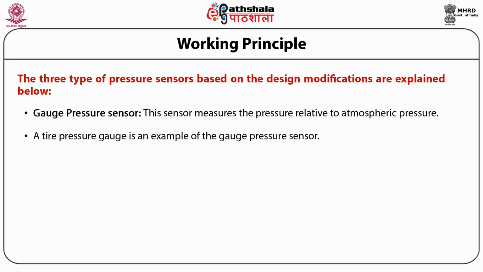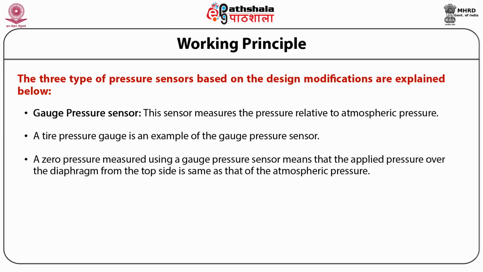A tire pressure gauge is an example of a gauge pressure sensor, and a zero pressure measured using a gauge pressure sensor means that the applied pressure over the diaphragm from the top side is the same as that of atmospheric pressure.